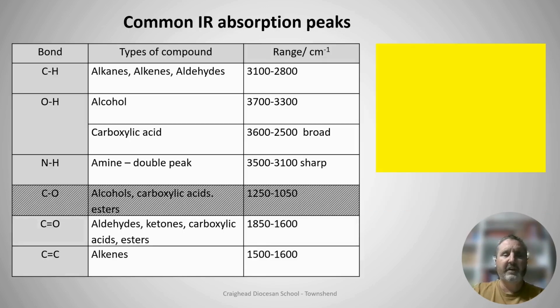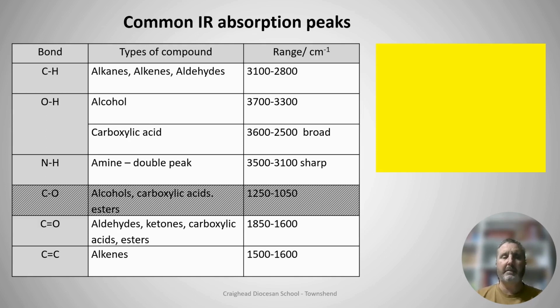So just before we start, we've got a whole bunch of bonds here. These are the different types of bonds between atoms. Remember what I said: if the infrared light hits these bonds at a certain wavelength or frequency, the range here is wavelengths.